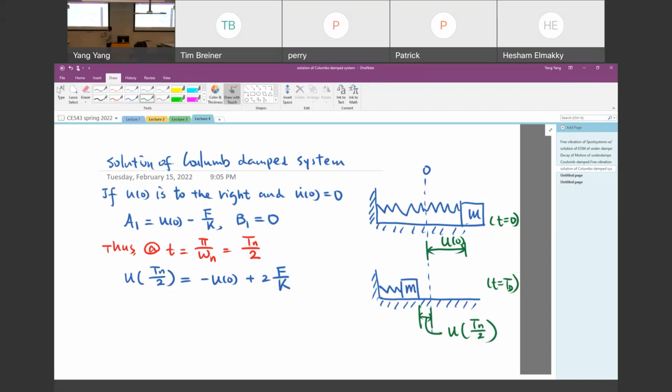Because we induced an initial displacement on the right, the friction force will be to the right.